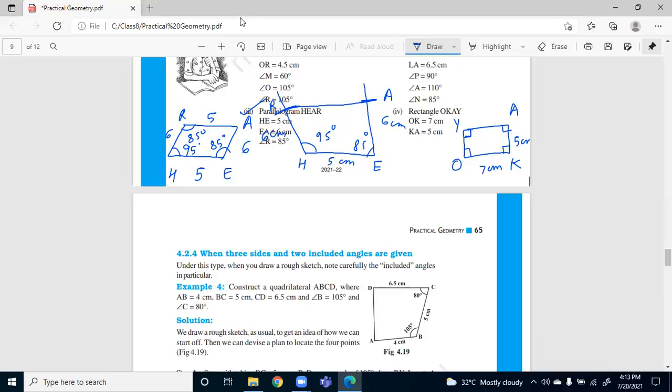Ma'am, can I tell? Yes, please. Ma'am, we will take the base as OK, which is 7 centimeters. And then, ma'am, we will make a 90-degree angle at the point O. How will you be making 90 degrees?